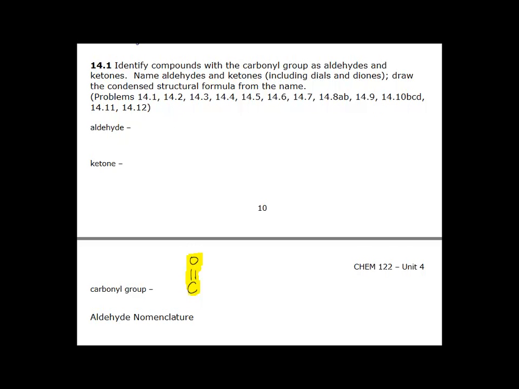An aldehyde has a C double bond O H, and then this is bonded to another carbon typically. So one interesting note about aldehydes is that aldehydes are always at the end of molecules. So you're never going to have an aldehyde in the center, and that is because of the hydrogen being connected to the carbonyl.